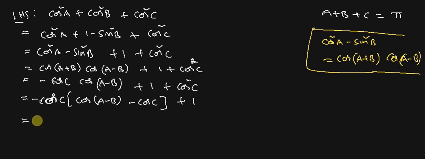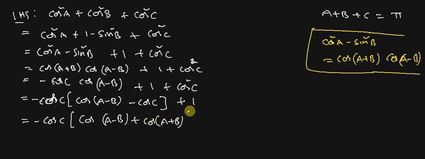So now minus cos C of cos of A minus B, and you know how much minus cos C is? Cos of A plus B, right? Cos of A plus B plus 1. And recall this result, cos of A plus B plus cos of A minus B is 2 cos A cos B, right?